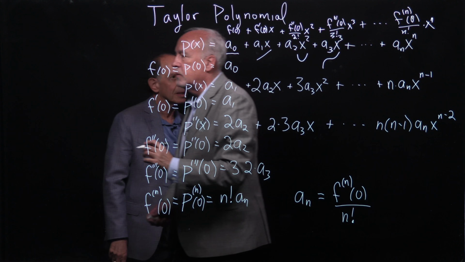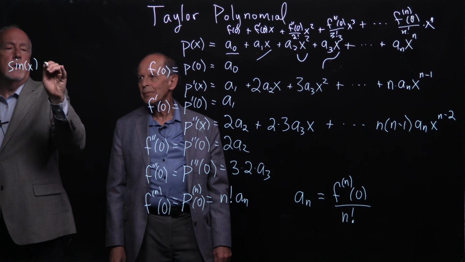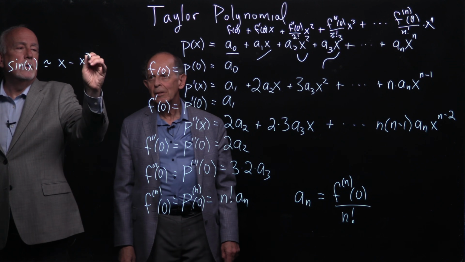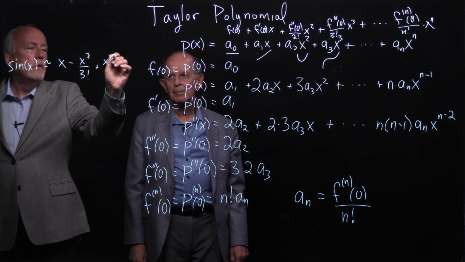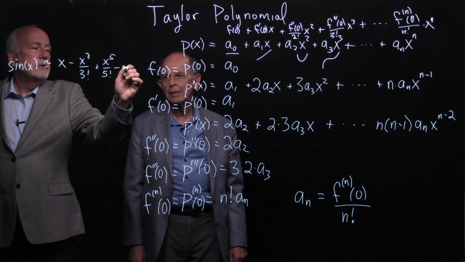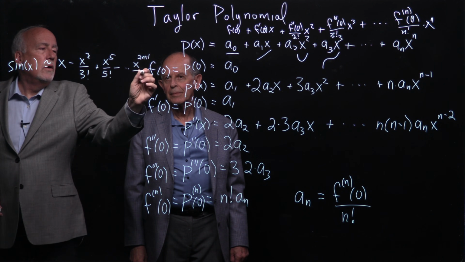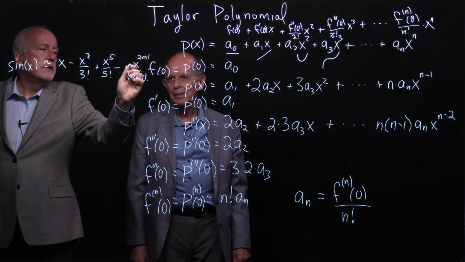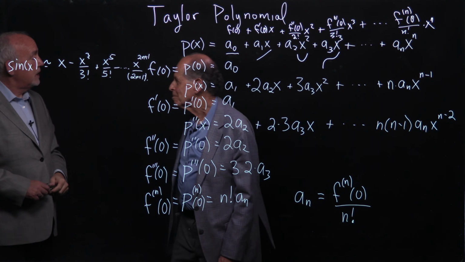And so a Taylor polynomial for sine of x is roughly the polynomial x minus x cubed over 3 factorial plus x to the 5 over 5 factorial, and so on, up to some x to the 2n plus 1 over (2n plus 1) factorial. And you get a plus or minus here depending on where you are, odd or even. And that's how you compute sine of x.